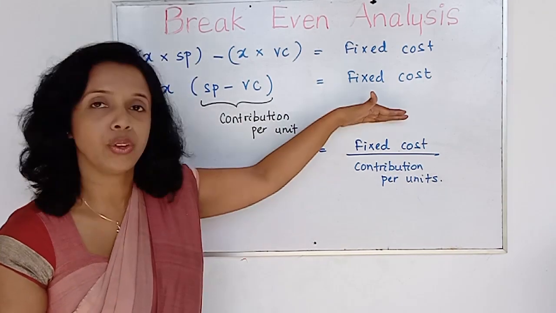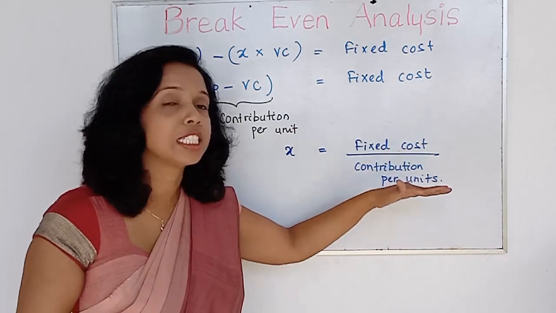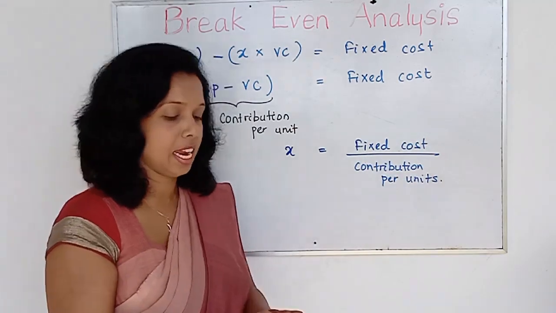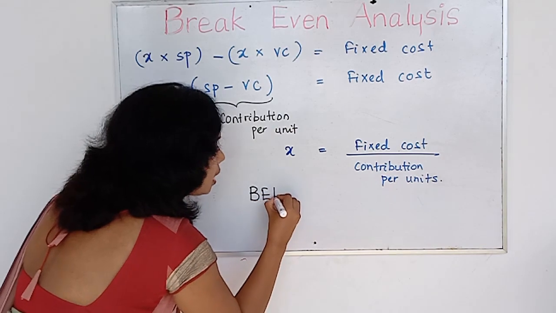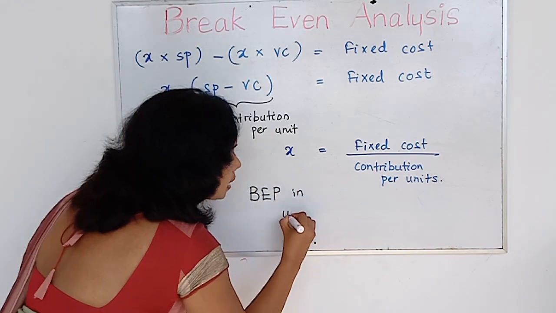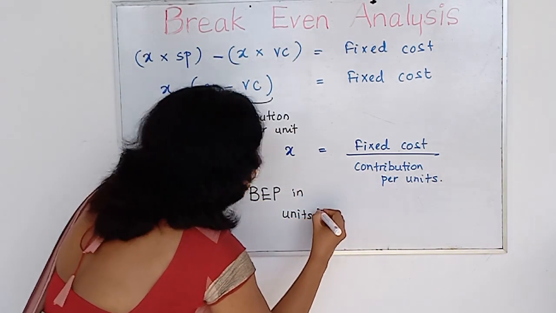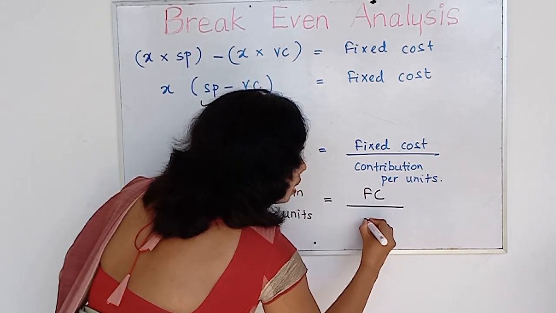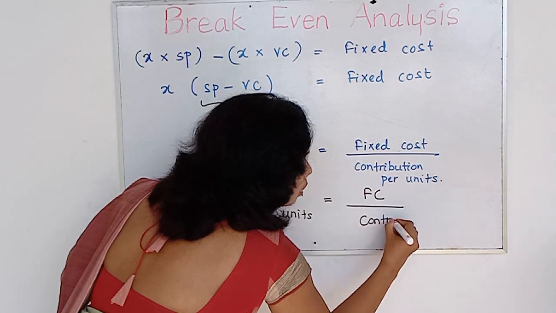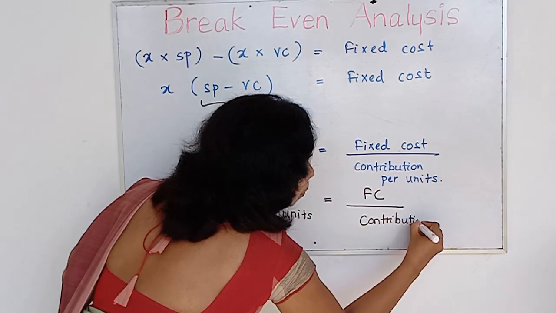We divide our fixed cost by contribution per unit. Then you can write break-even point in units is equal to fixed cost divided by contribution per unit.